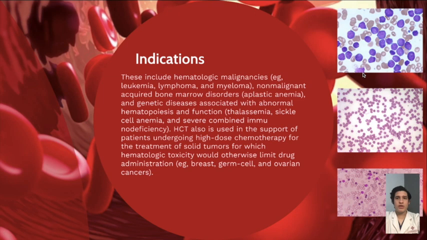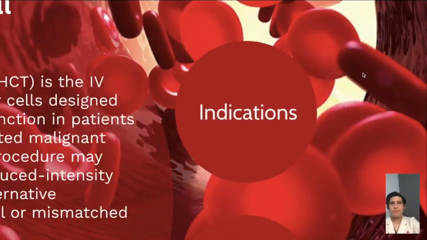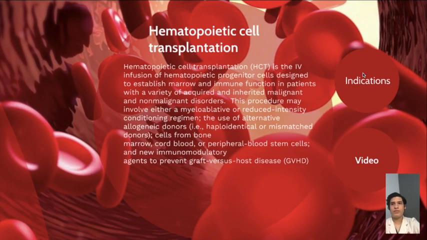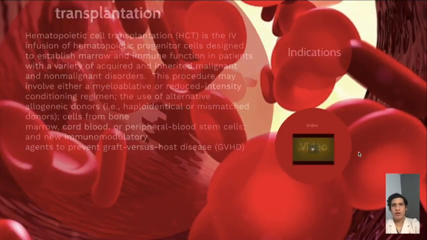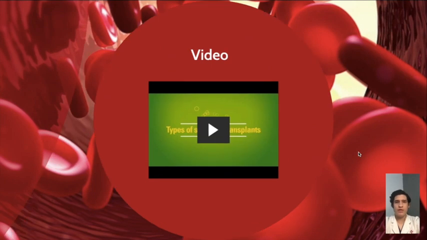HCT also is used in the support of patients undergoing high-dose chemotherapy for the treatment of solid tumors for which hematologic toxicity will otherwise limit drug administration. For example, breast, germ cell, and ovarian cancers. Now I'll show you a video of the types of hematopoietic cell transplant.